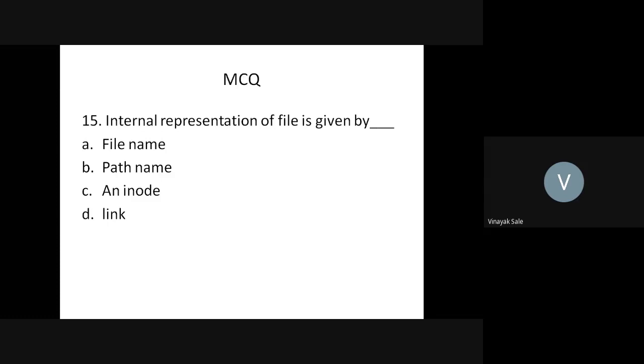Internal representation of file is given by an inode.